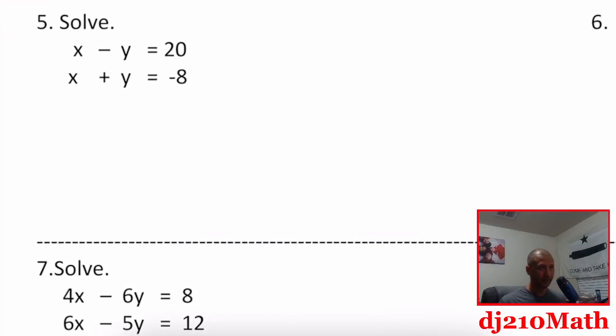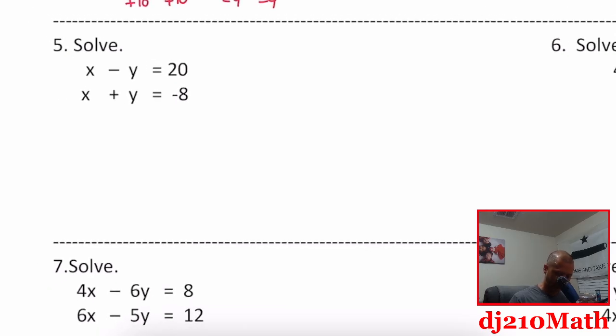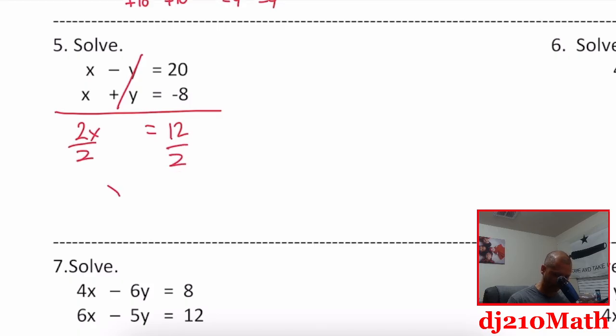Okay. Number 5. Solve using whatever method we want. I'm going to use the elimination method because positive y, negative y. When we add, we get 2x is equal to 12. Divided by 2, x is equal to 6. I'm going to plug that into one of them. Looks like the bottom one.